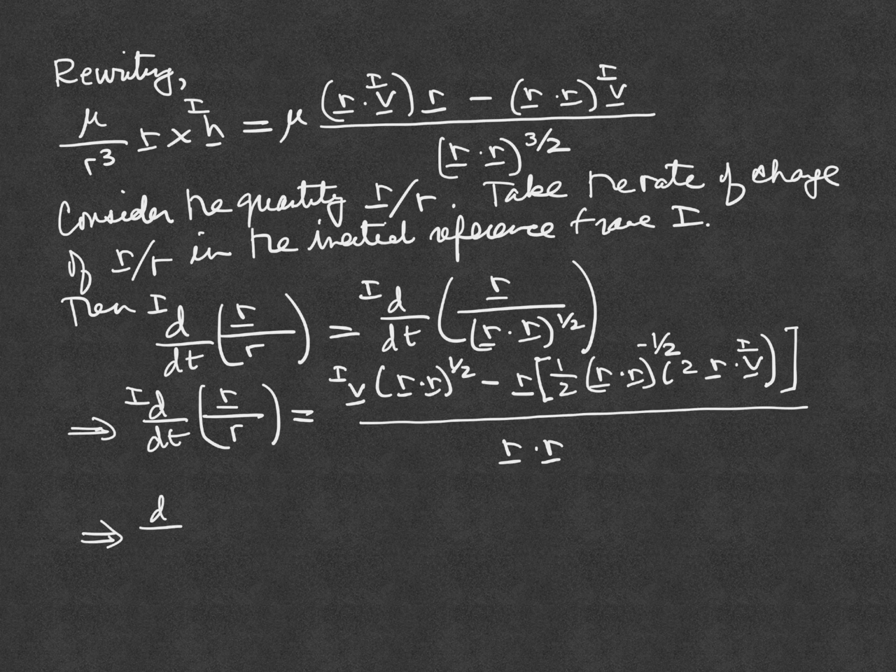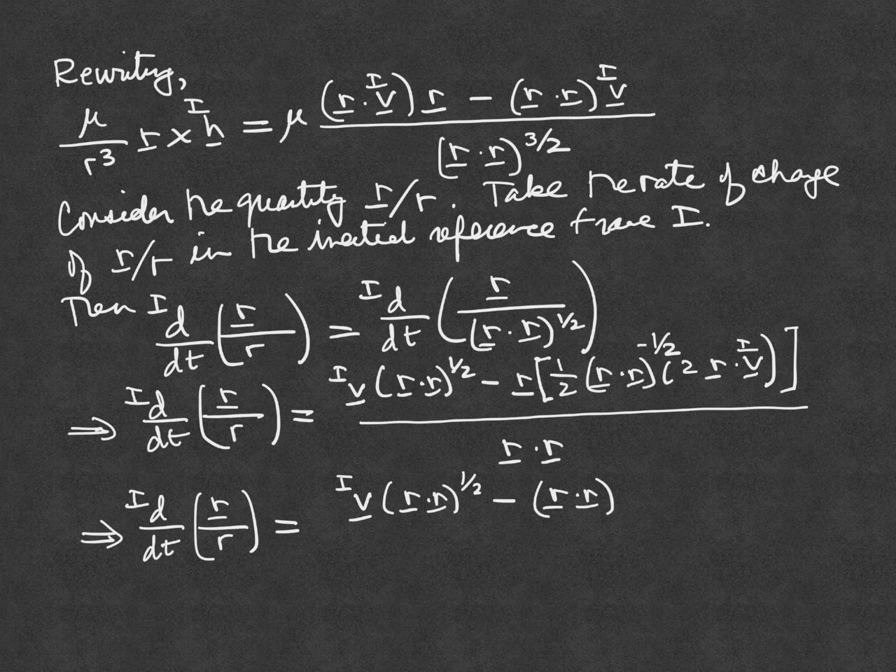So this winds up giving us d dt in I of r divided by the radius is then equal to, if I cancel this out, vI times r dotted with r to the 1/2 minus r dotted with r to the minus 1/2 times r dotted with vI, all divided by r dotted with r.